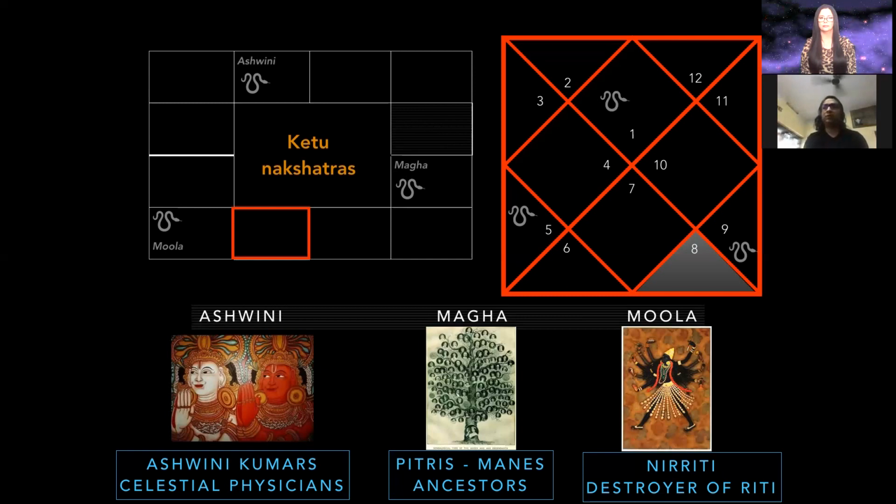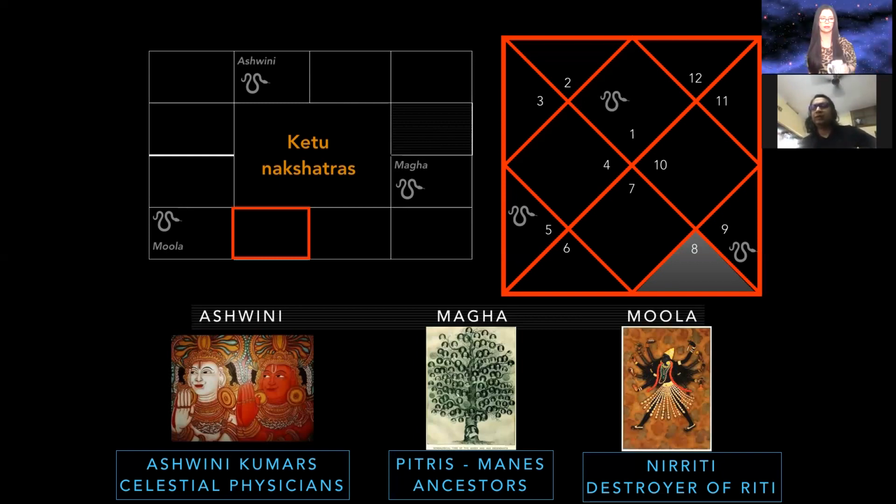Remember, this is a point where Sun, the planet of vitality, is getting exalted. In the last slide, I just introduced that. Now, in Sun's Mool Trikon point in Magha Nakshatra, you actually have the rulership of the Pitris or the manes, or the ancestors.